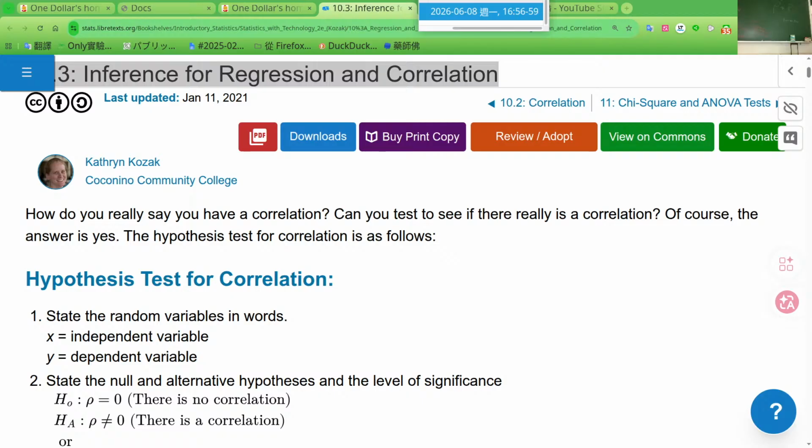And this formula is hard to work with, so there is an easier formula. You can also find the value from technology such as calculator. SE equals square root of SSY minus B times SSXY divided by n minus 2. And sure, we can use the free web applications. We don't need to memorize it.